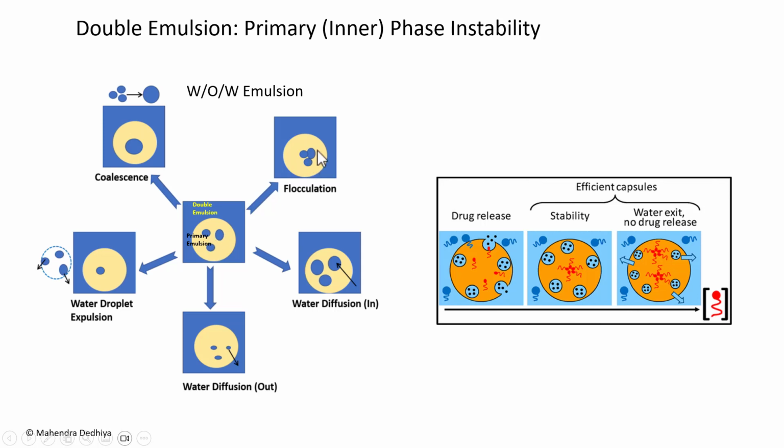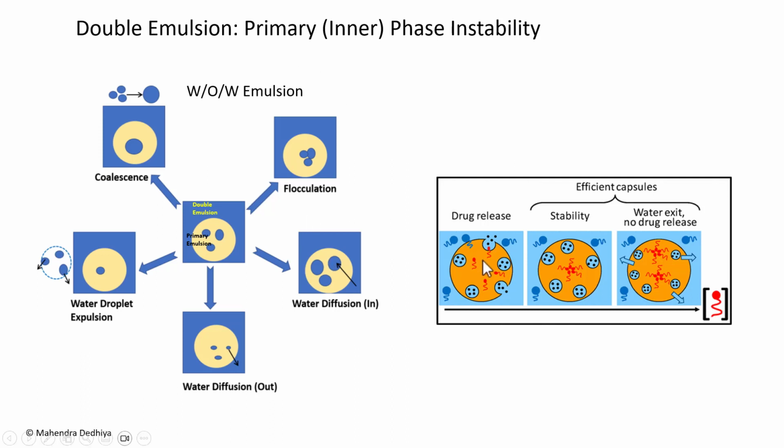Internal water can flocculate within the primary emulsion. The water droplets can be expelled into the outer water layer. Water can diffuse out selectively, so the globules will become smaller. Water can diffuse in, and globules can become bigger. So double emulsions have multiple pathways of instability.